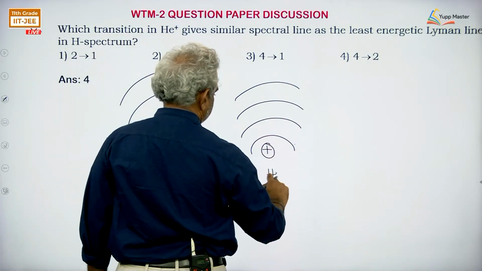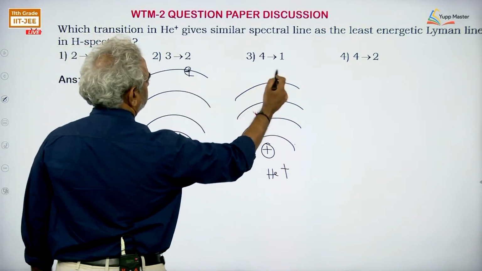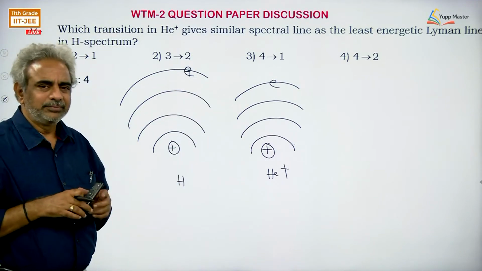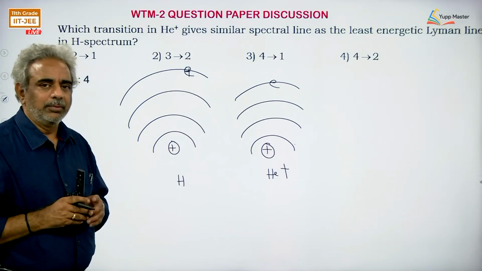This is helium plus. When they are falling, how many spectral lines may be formed?